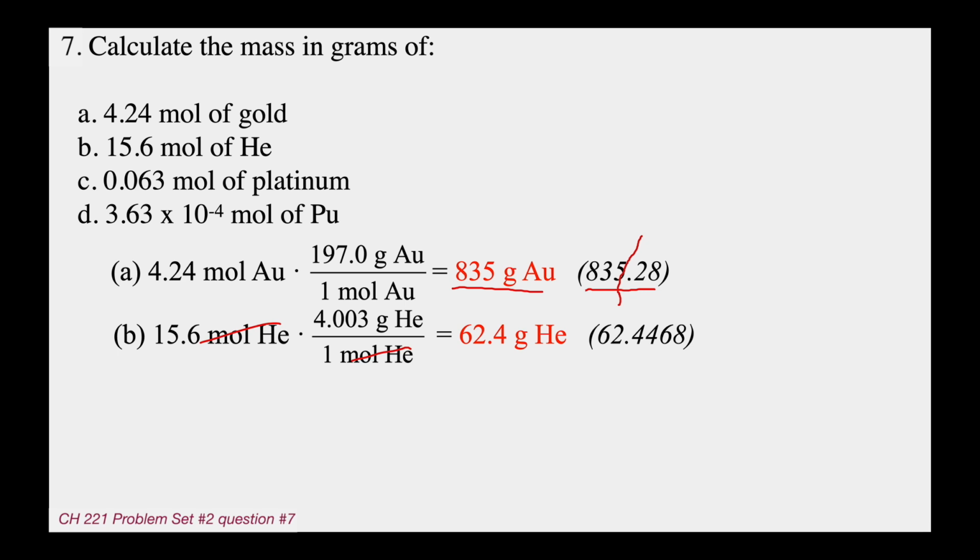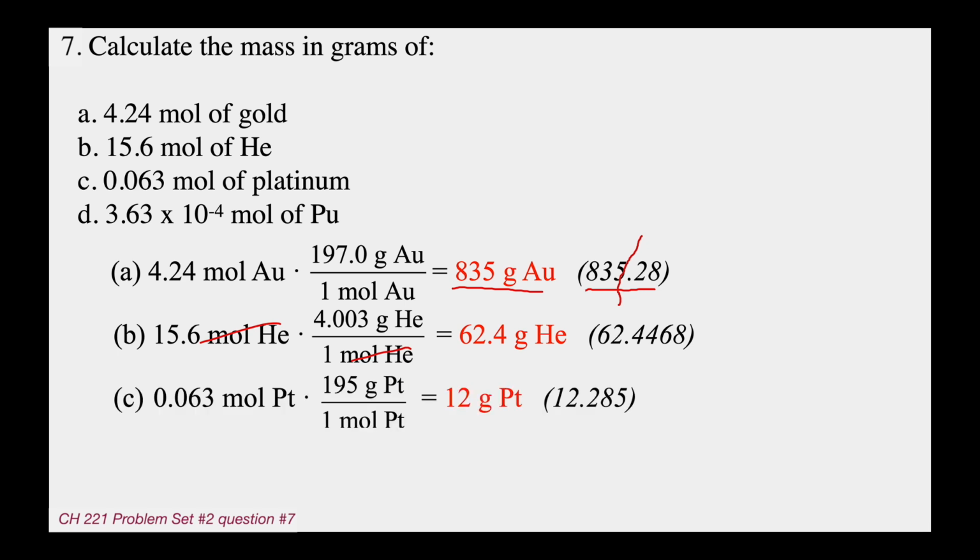But how many sig figs should we use on this question? The last 2 problems were 3 sig figs. 4.24 was 3, 15.6 was 3. But remember, the zeros that start a number usually don't count in terms of significant figures. So 0.063 is a 2 sig fig number. So that means the answer is also going to be just 2 significant figures.